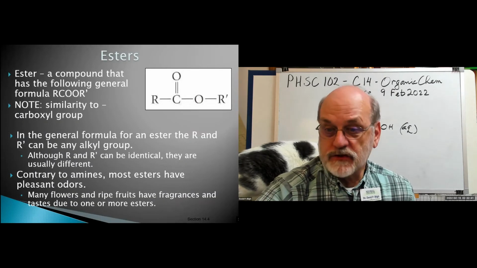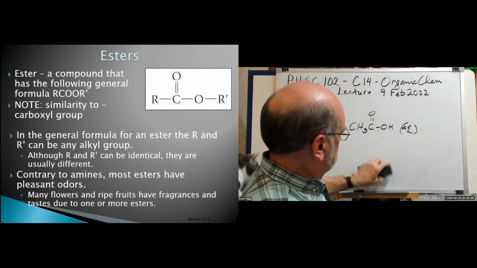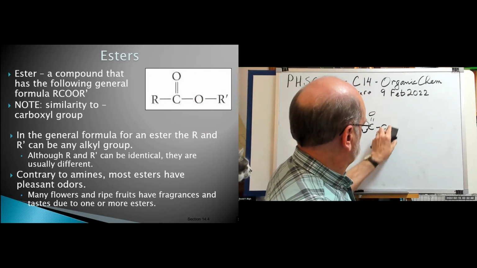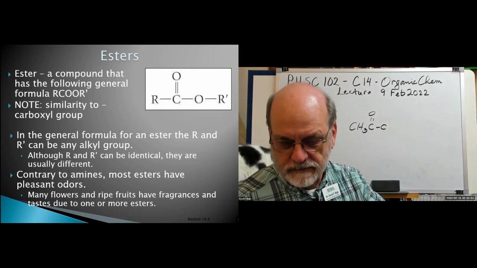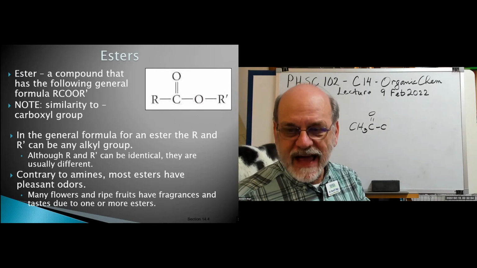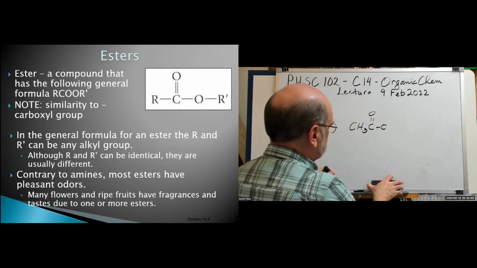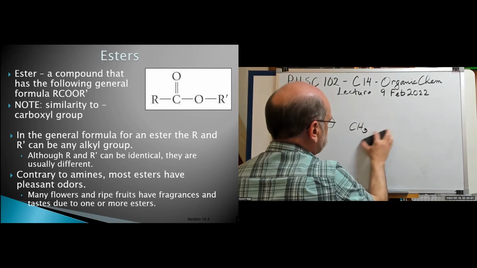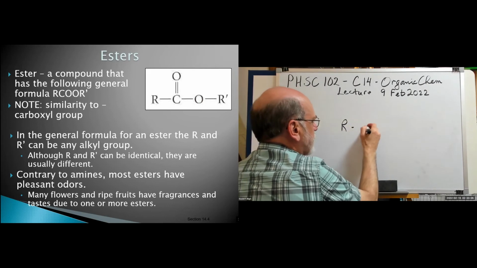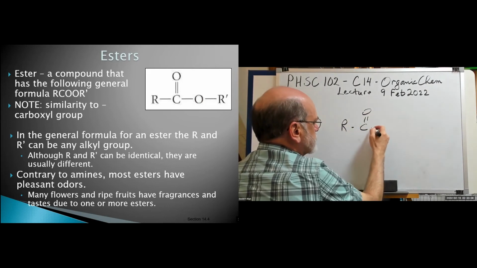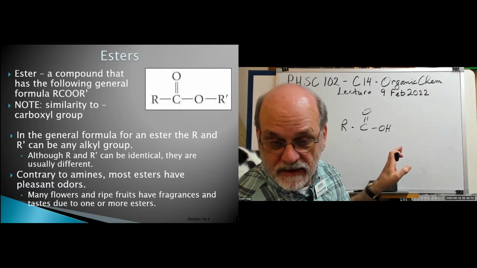Then we have esters. I look at esters like a derivative of a derivative, right? Carboxylic acid is a derivative, it has this functional group. So if we say we have something out here, and then we have this carbon, that oxygen, that's our carboxylic acid.